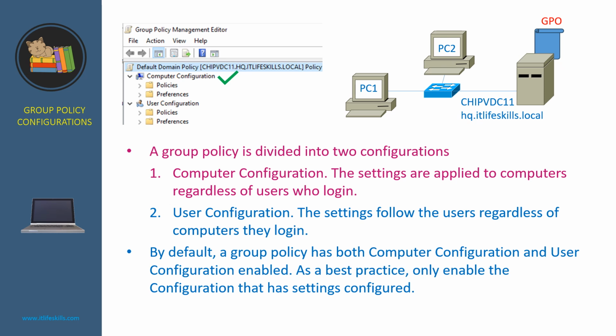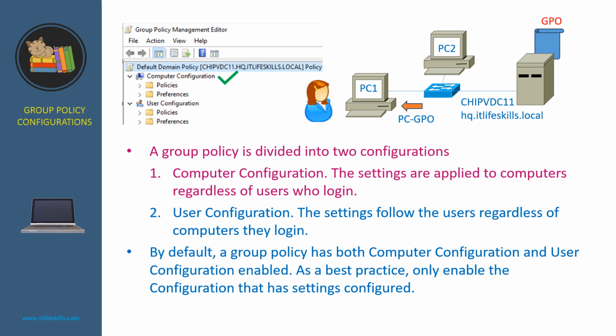For example, if PC1 is assigned with a group policy named PC-GPO, then user A logs into PC1 and after that user B logs into PC1. They will get the same settings from the group policy PC-GPO.